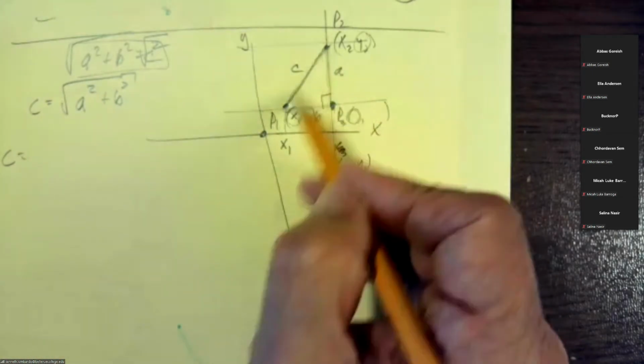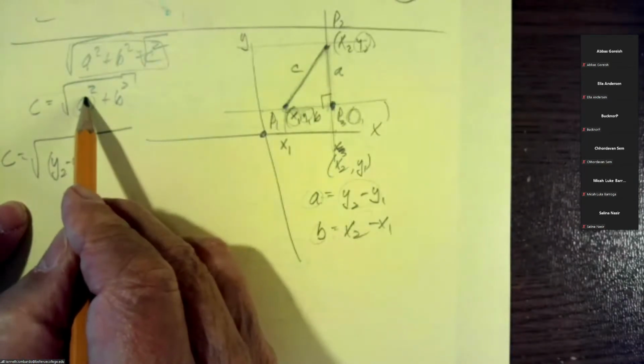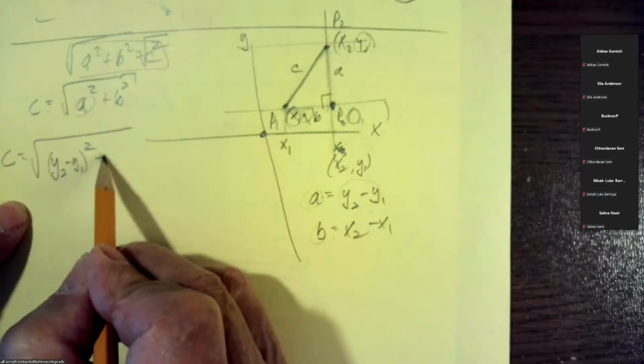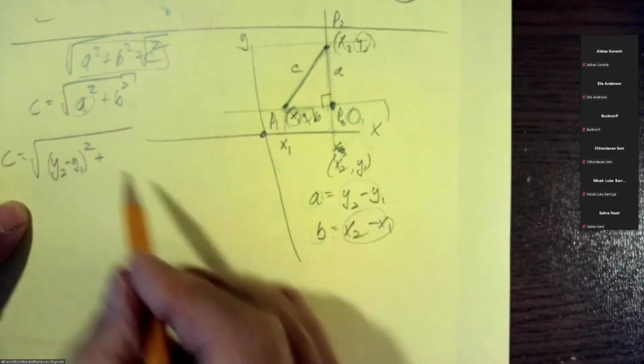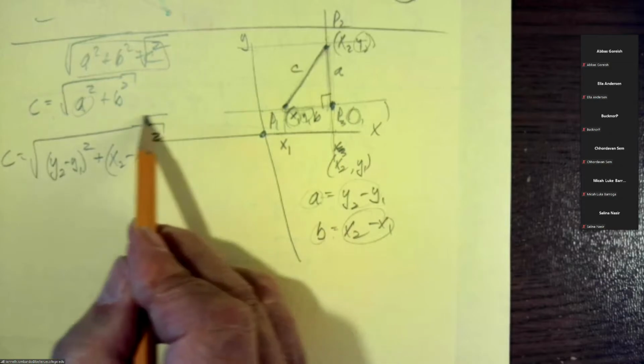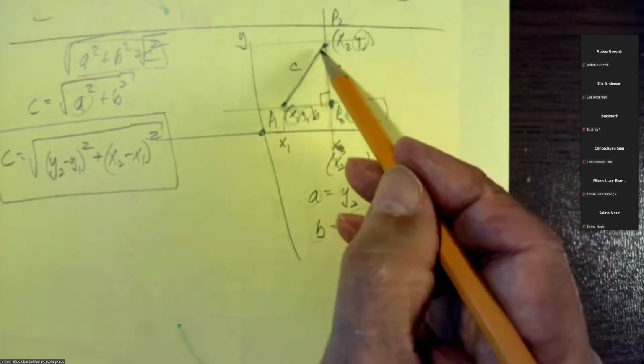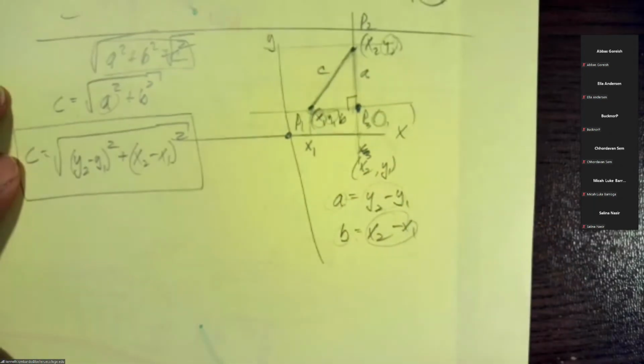So the distance c, this hypotenuse, is the square root of a, and a is going to be y2 minus y1, and I'm going to square that, plus b, which is x2 minus x1, and square that. So now I have the general form of an equation that gives me the distance between 2 points in the xy coordinate plane.